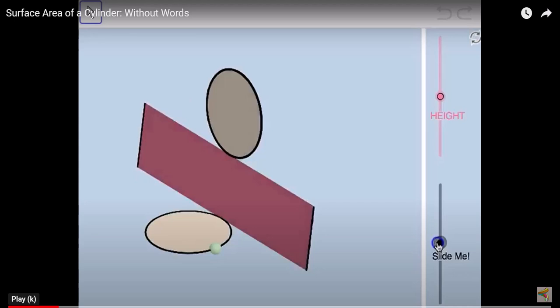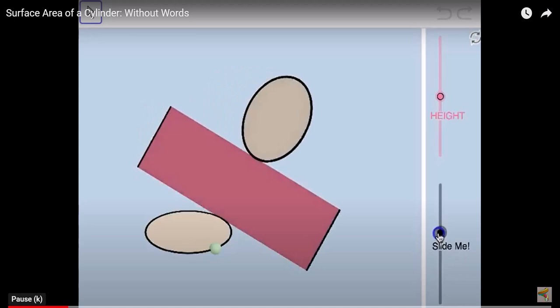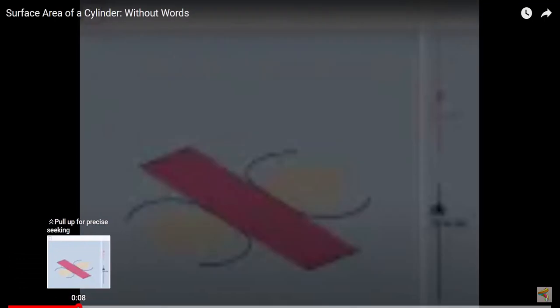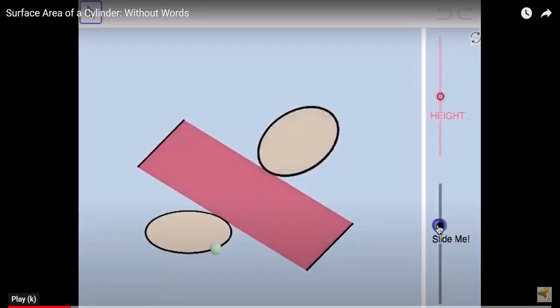So I'm keeping this going. I'm going to fold it down to the bottom. So notice, I'll go back right here. That black line around the outside of the circle, what is that called? Circumference. The distance on the outside is called the circumference.